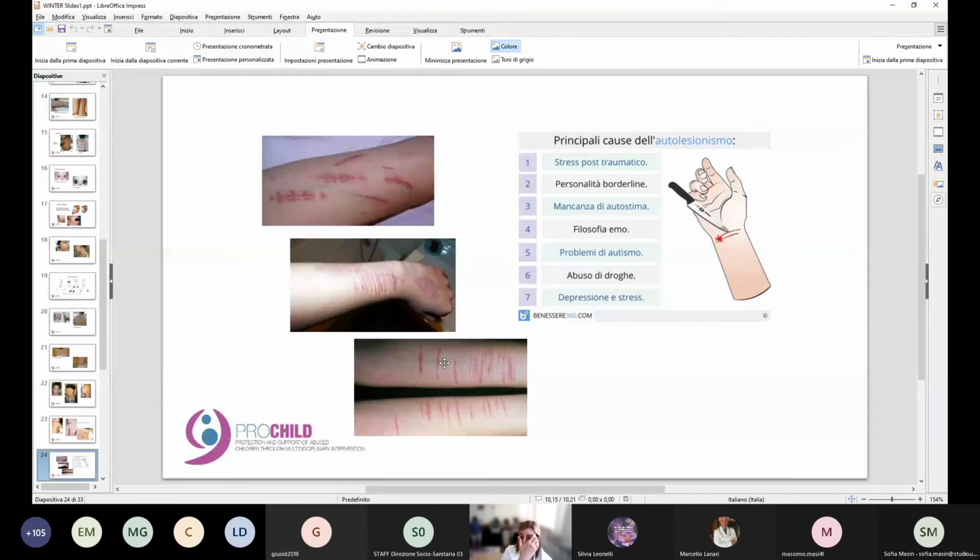Maybe children coming for other reasons, but if you see such lesions, you have to conduct an investigation, because they are self-inflicted lacerations. So of course it means that the child is living a significant condition.